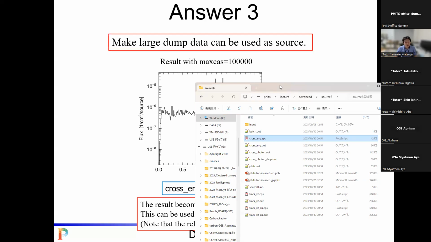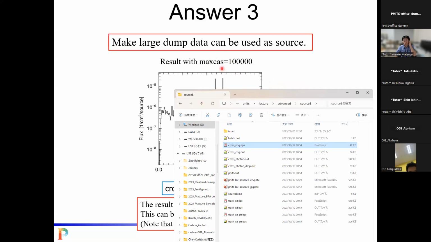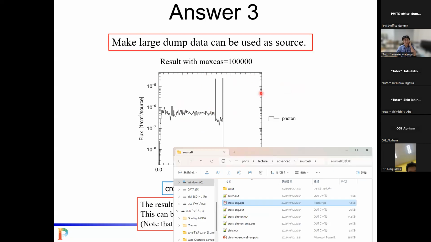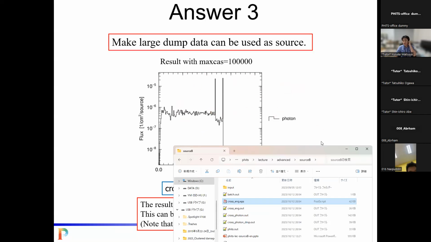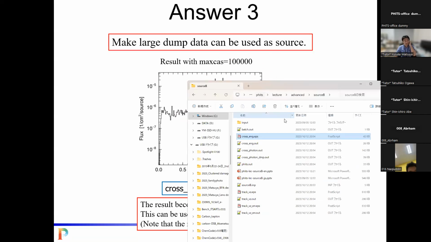What we have to do is to increase the max gas to, for example, 100,000. Of course, a larger value is better because the data become very smooth. But I will try using this value in this case.